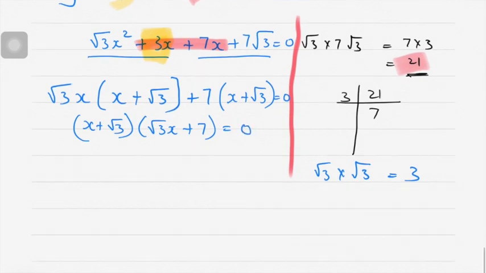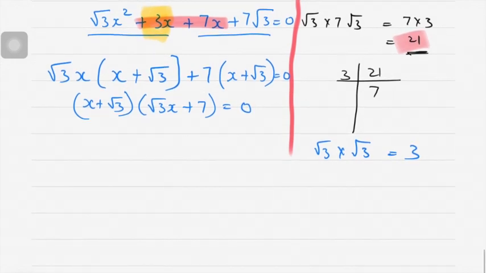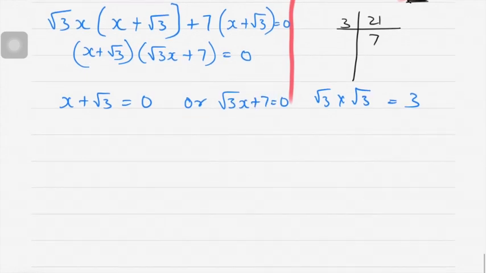So x plus root 3 into root 3x plus 7 is equal to 0. So x plus root 3 is equal to 0, or root 3x plus 7 is equal to 0.